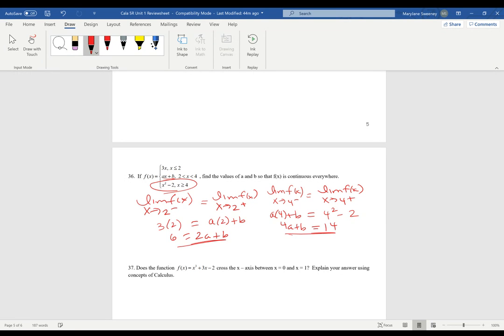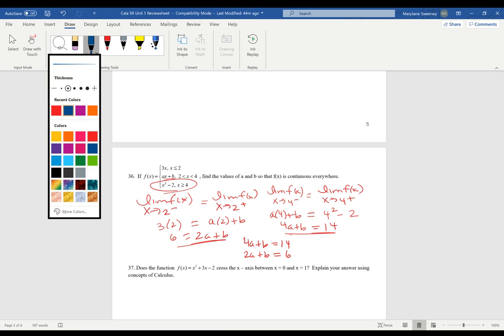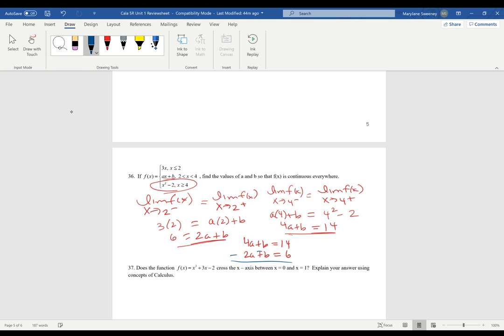And now we want to figure out what the common solution is to the system of equations. So if I subtract, I will get 2a equals 8, right? The b's will cancel.